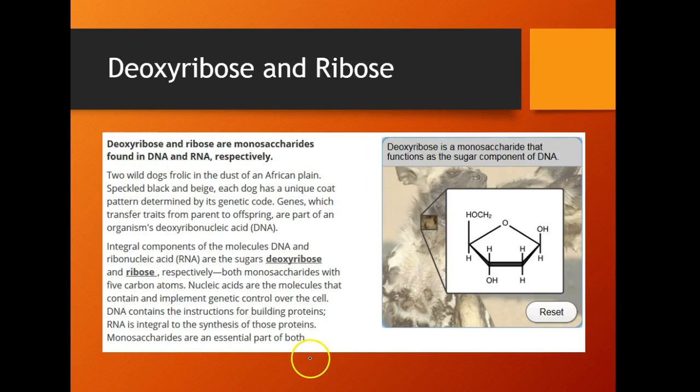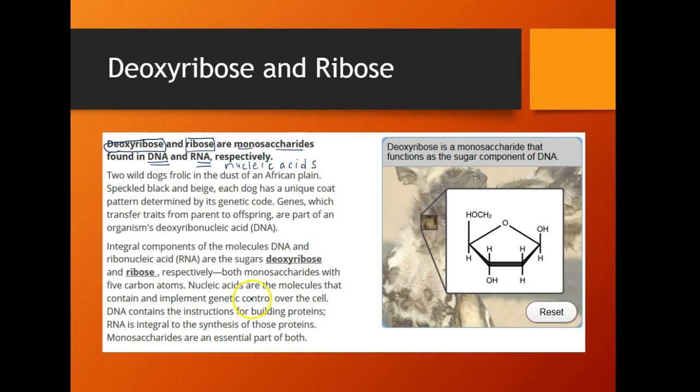Other types of monosaccharides, which remember means one sugar molecule, are deoxyribose and ribose. These are two different types of sugar that are found in DNA and RNA, which are examples of nucleic acids.